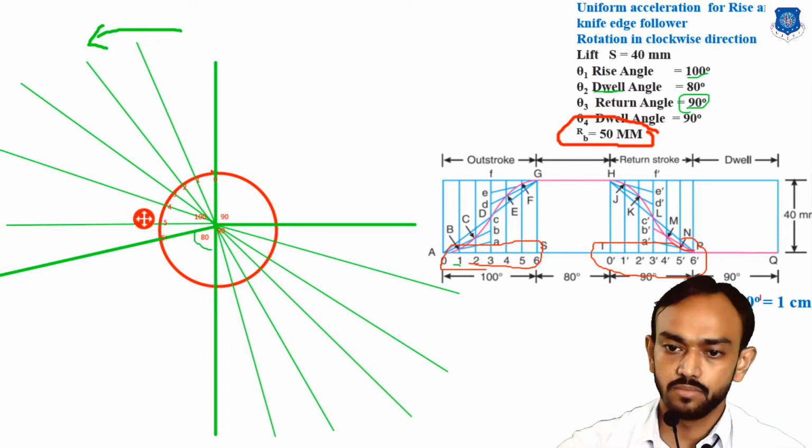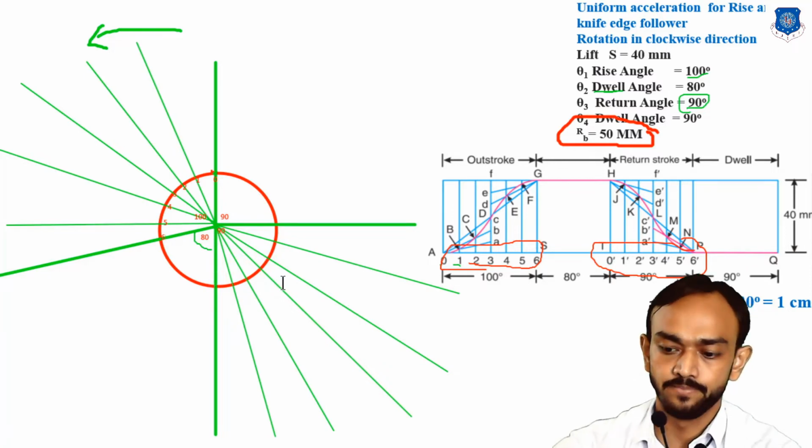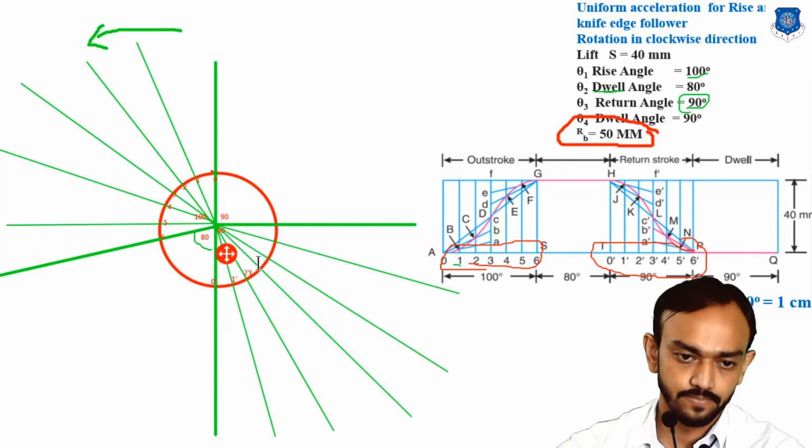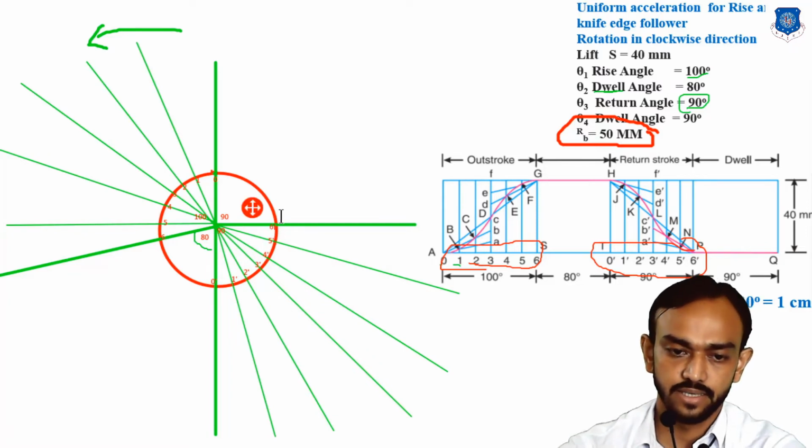And the 6 parts we already have for the return, 0 dash, 1 dash, up to 6 dash. Same as here, starting from 0 dash, I am going to give here 0 dash, this will be 1 dash, 2 dash, 3 dash, 4 dash, 5 dash, and the last point is 6 dash.